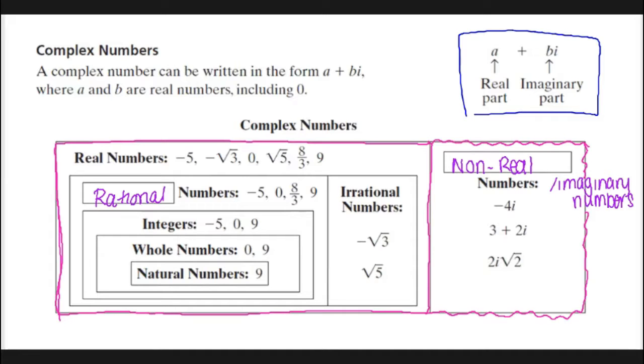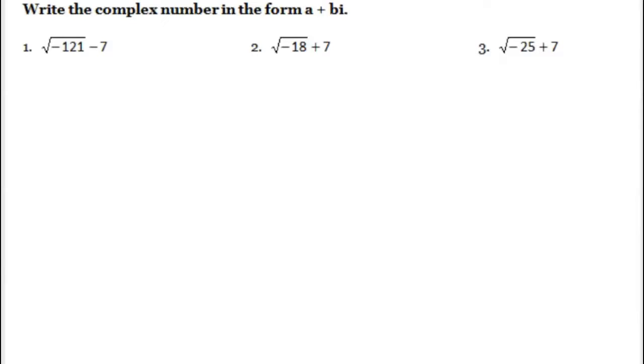So the reason we focus so many days on where we just were is because in order to simplify complex numbers, you have to be able to simplify square roots. So for the square root of negative 121 minus 7, the first thing you do is bring out the i.